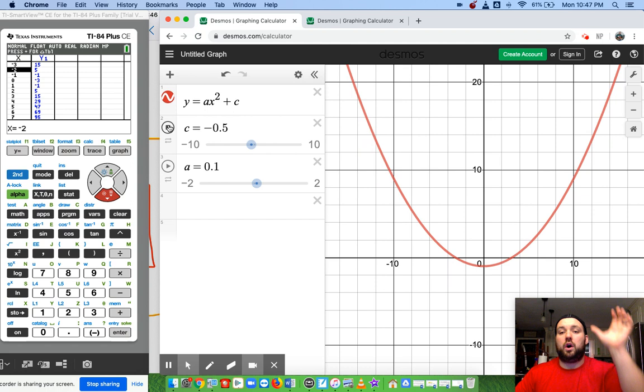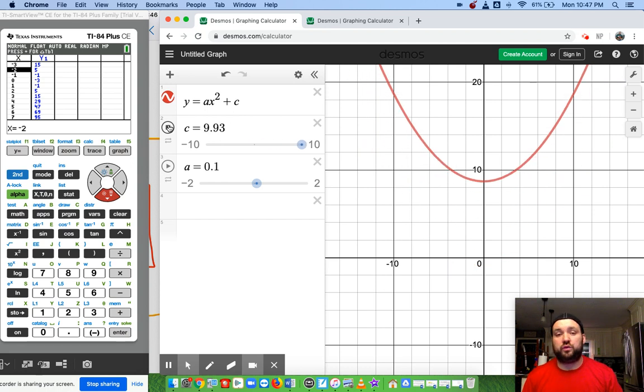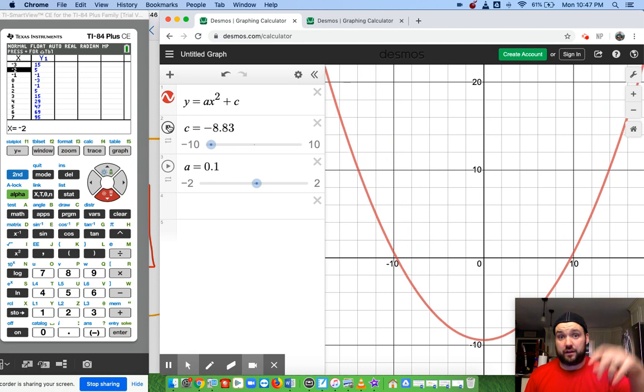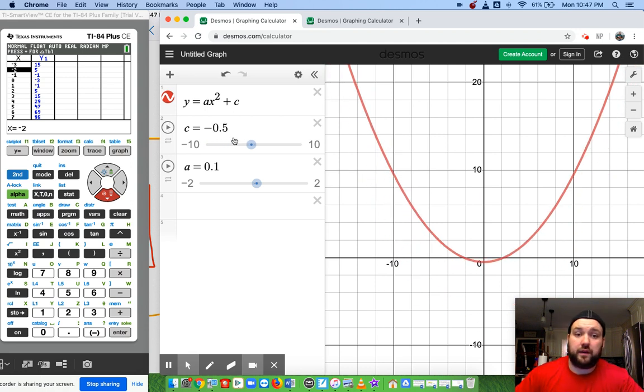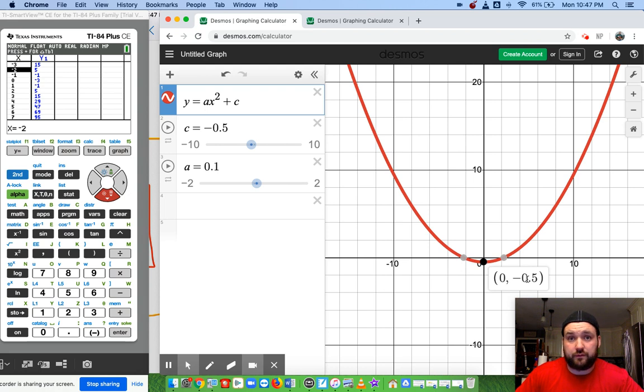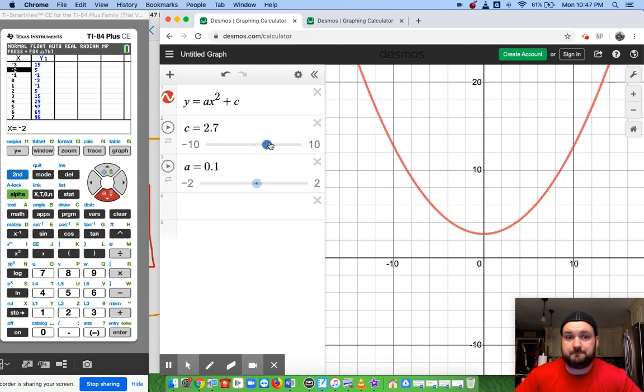Okay, so all that's happening is it's truly just sliding the graph. It's called a translation. It's just sliding the graph up and down. And whatever number I land on for a c value is going to be the y coordinate for the vertex. So there's a really interesting comparison there. If c is 2.7, then hey, look, our vertex is 0, 2.7.